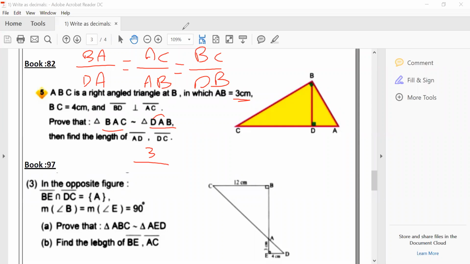DA, I want it. AC, I can get it by Pythagoras, it was 5. AB again is also 3. Then BC 4 over DB.